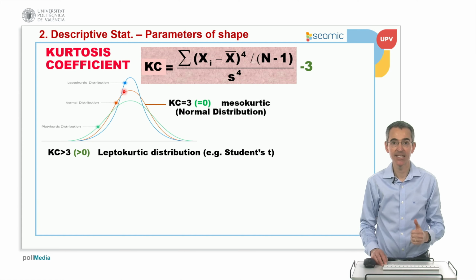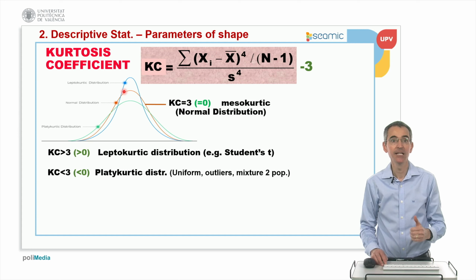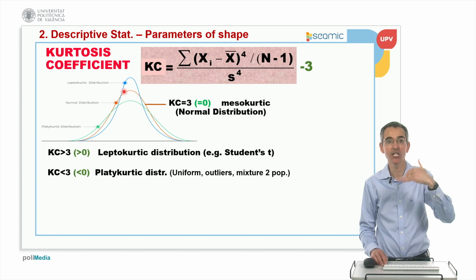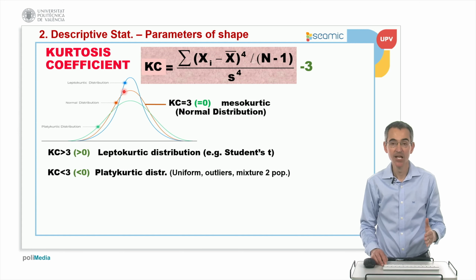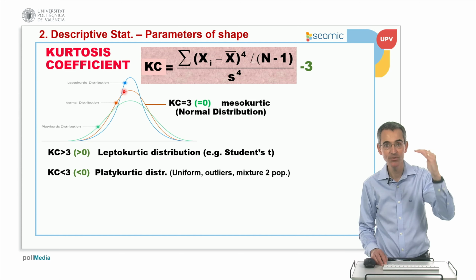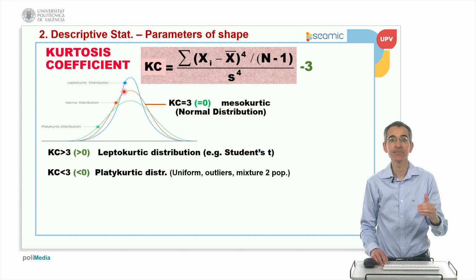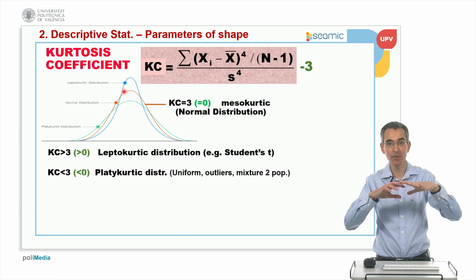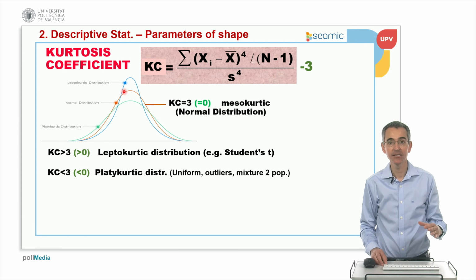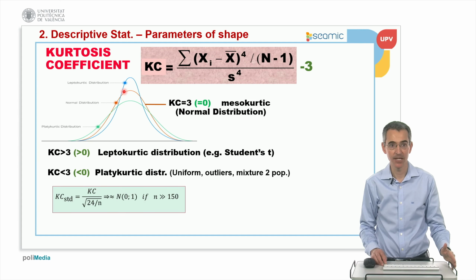For example, it is the case of the Student t distribution. And if it is negative, I will talk about a platykurtic distribution. For example, it is the case in a uniform distribution, or in the case of a mixture of two populations, or it may even happen in the case of outliers.